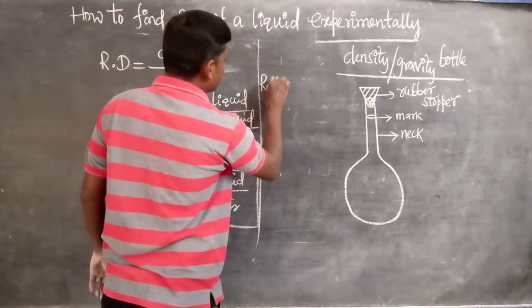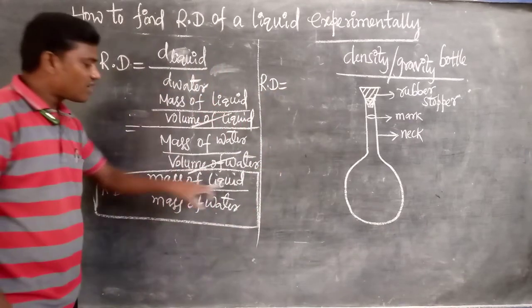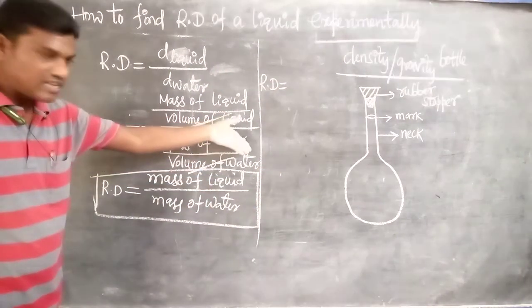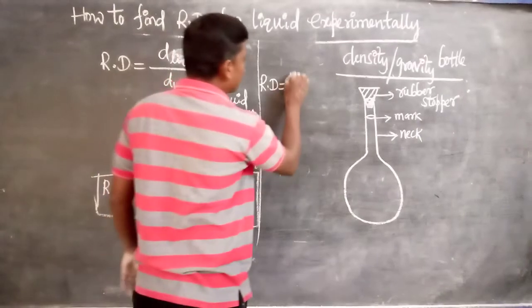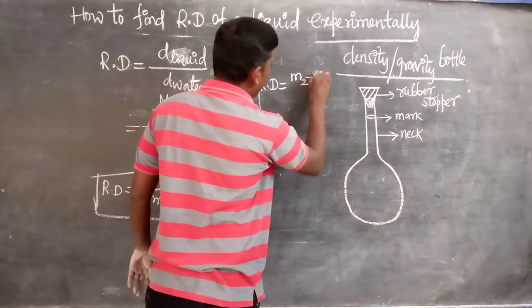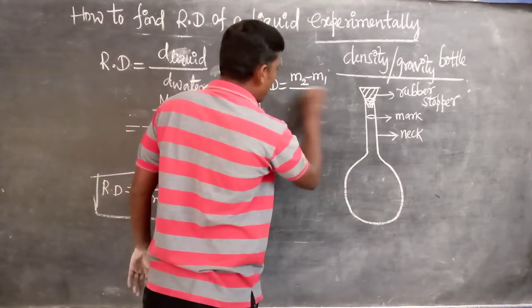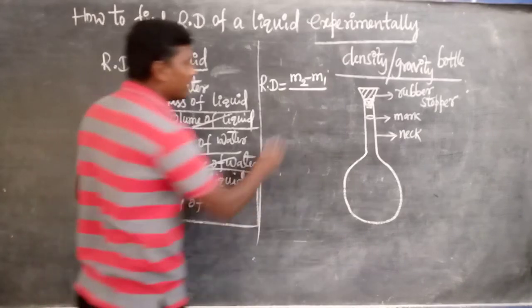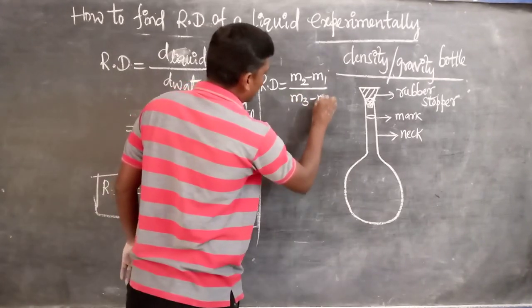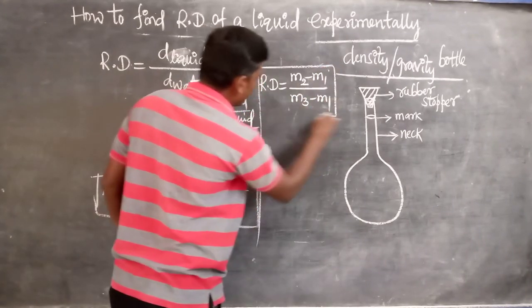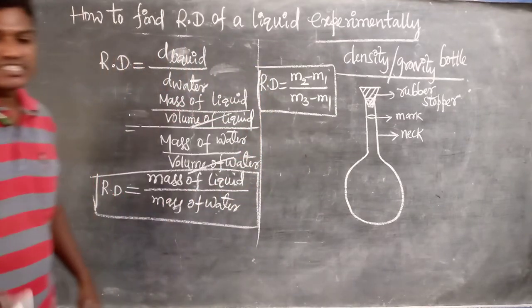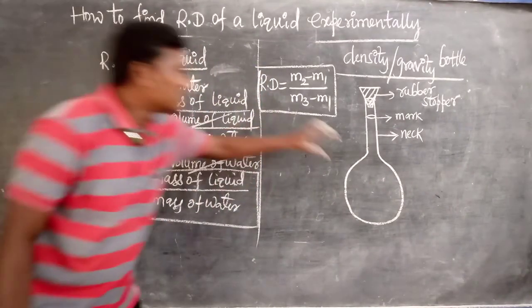Already we found that the mass of the liquid is M2 minus M1, upon the mass of the water, M3 minus M1. So this is the formula to find the relative density of the liquid by using the density bottle.